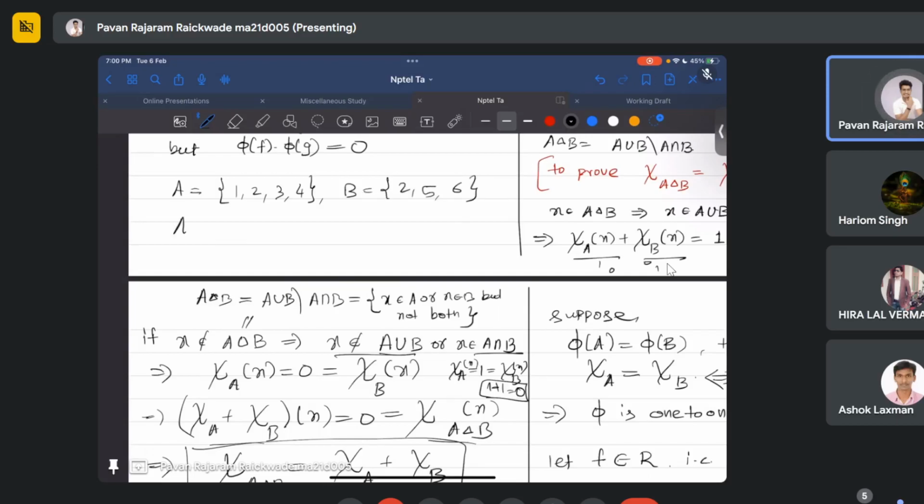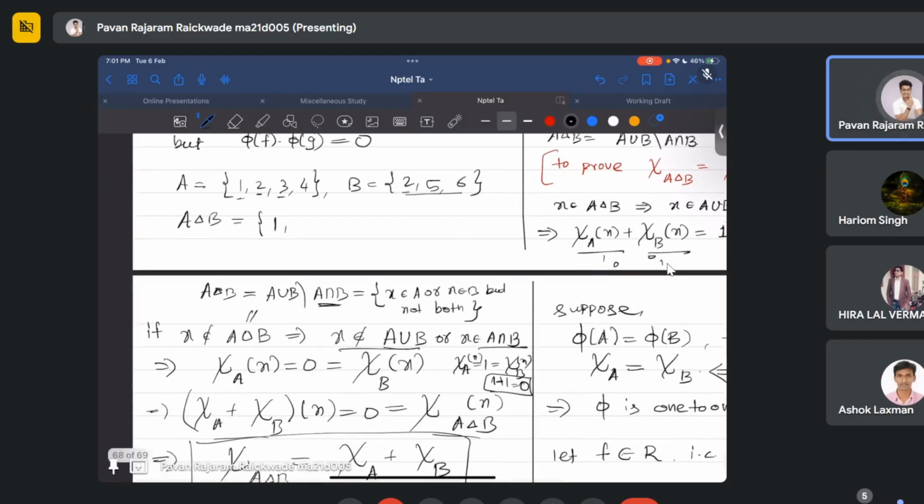Then the symmetric difference is the points which are in A union B. 1 is here, and not in B, so 1 is included. 2 is in both, so it is in the A intersection B, and you can't write 2. 3 is here but not in B, so 3 is included. 4 is included too. 2 I cannot write. 5 and 6 are included. So this is the symmetric difference. You take the union and simply don't write the common elements.